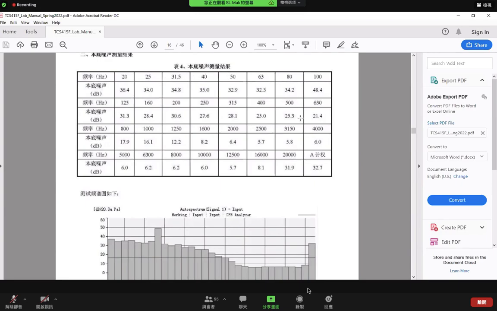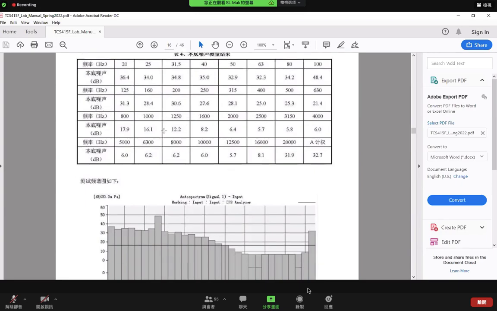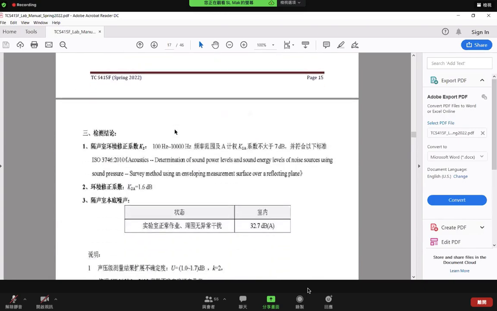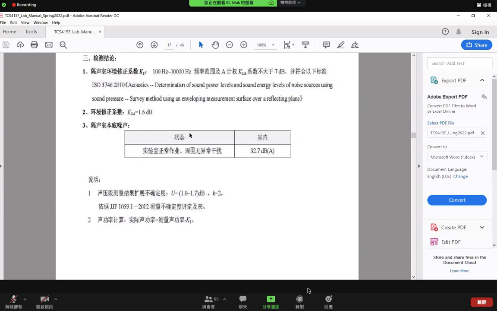It is a summary to show the spectrums of the acoustic room noise at different frequencies. Then we combine all frequencies together and find that the background noise in our acoustic room is 32.7 dB.